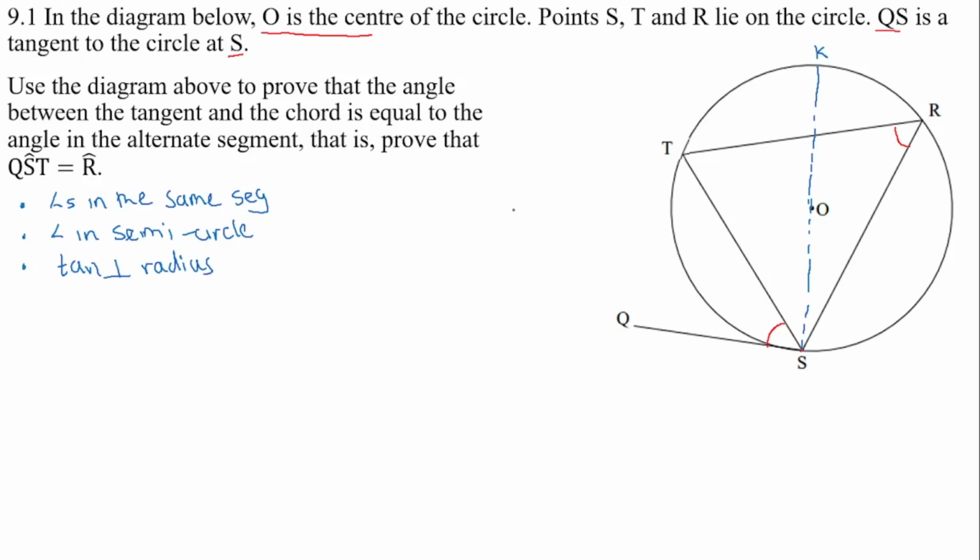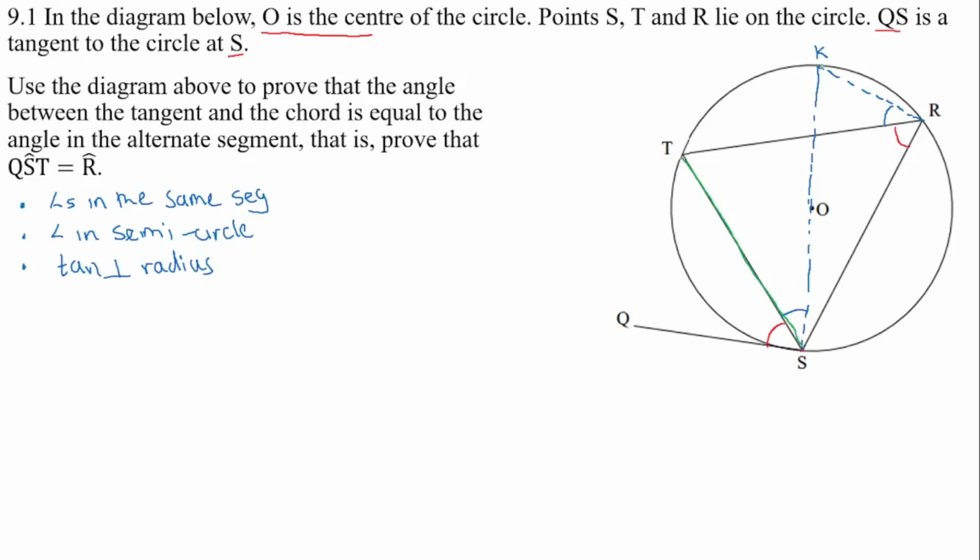Okay, and then now what we construct, we'll construct KR here, join these two so that we form angles in the same segment. So we have this angle and then we have this angle. These are angles in the same segment. If you check, they are subtended by TK, right?